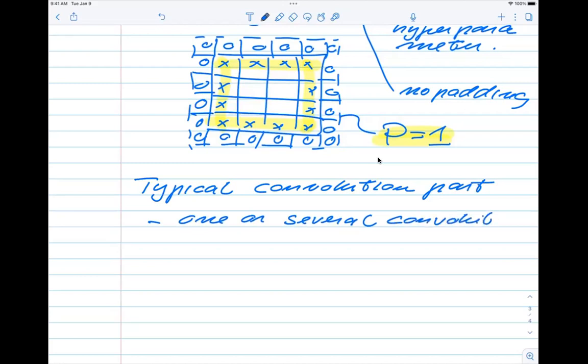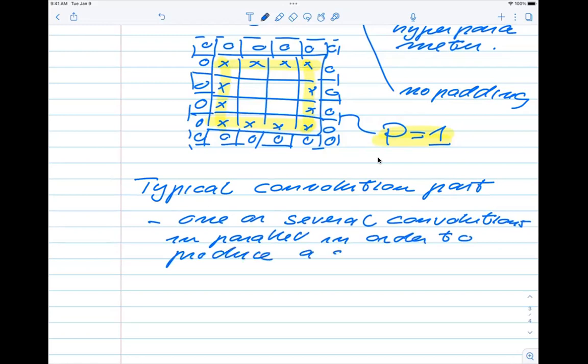With convolutions, it means actually the filtering in parallel in order to produce reduced images. And these results are what we call linear results, linear because we are performing a standard convolutional process.